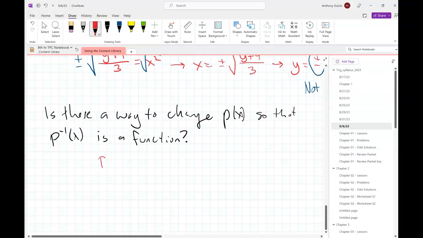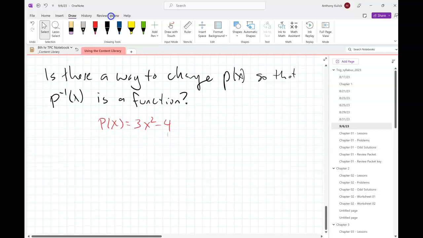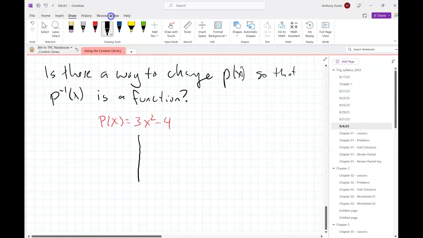Well, let's return and think about this for a second. Our P of x looked like this, right? What did we need to have in P of x in order for P inverse to be a function? P of x has to be 1-to-1. The easiest way to identify that was by looking at the graph.